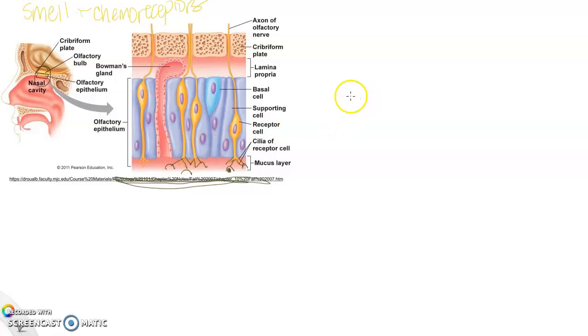So if we blow up this cell, let's make a little cell here, a better color, a little darker. Okay, so if we have this cell, and here's my little olfactory epithelium, and there's little receptors there.